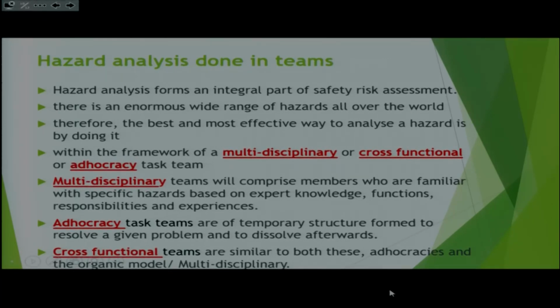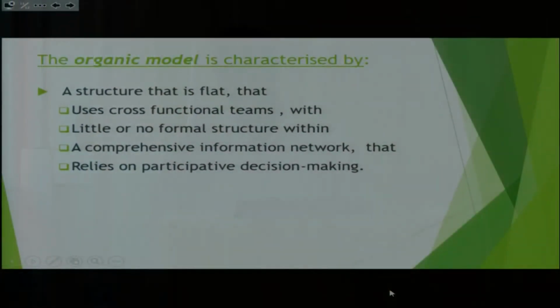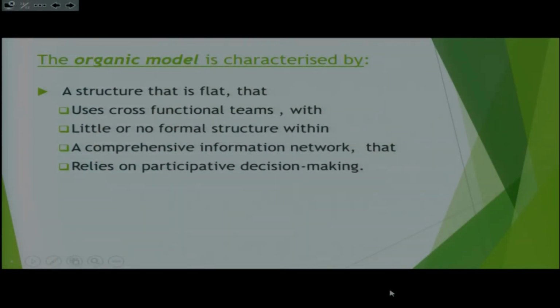And your last type of team is your cross-functional team, which is similar to both adhocracy as well as multidisciplinary teams, or the organic model. What is an organic model? An organic model is simply a structure that is flat, that uses cross-functional teams. We talked about cross-functional teams with little or no formal structure, with a comprehensive information network.